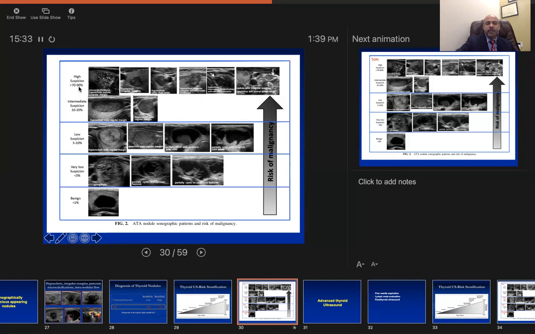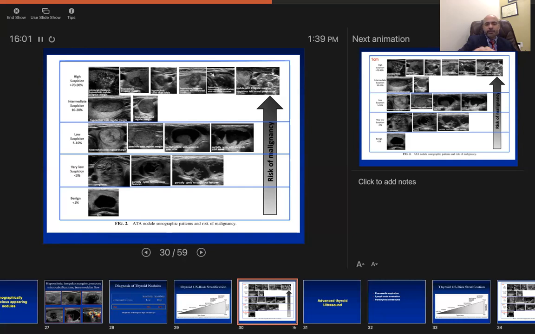So there is risk for malignancy going up, and then the percentages for ultrasonographic features of these nodules. These are highly suspicious, where suspicion is 70 to 90% in those cases. If you look at this first nodule, there is calcification and irregular margin.